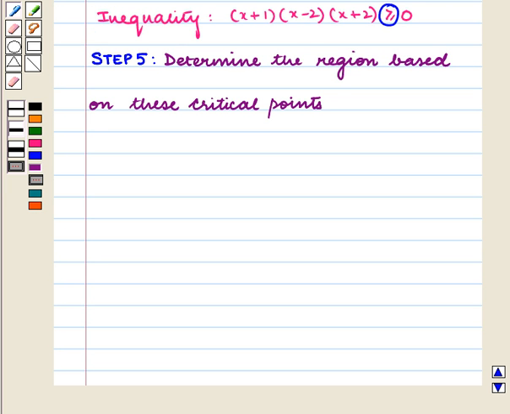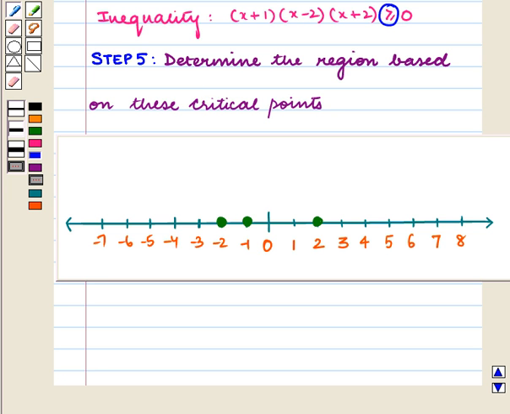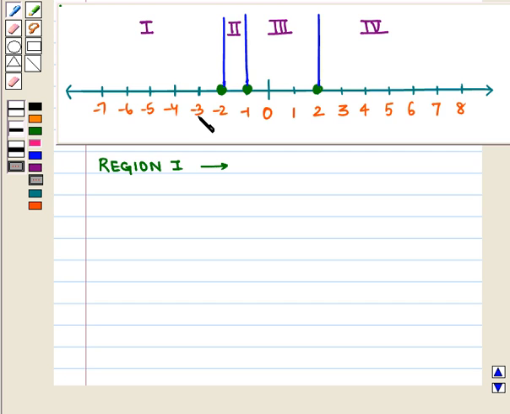So now our next step will be to determine the region based on these critical points. To determine the region, we draw vertical lines at these points. Now we see that the number line is divided into 4 regions. Region 1 has values less than -2, that is the open interval (-infinity, -2).